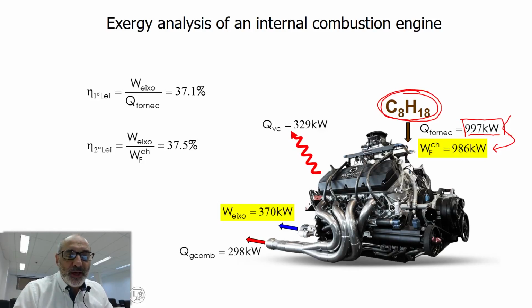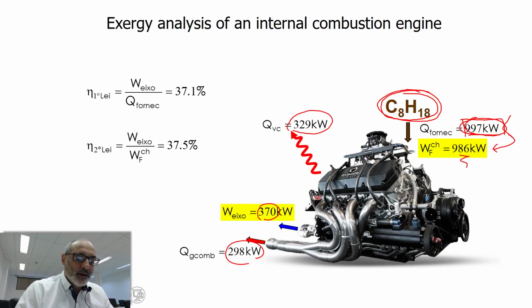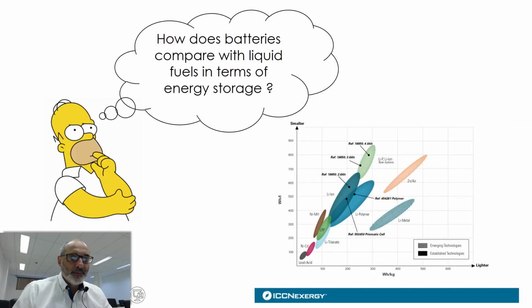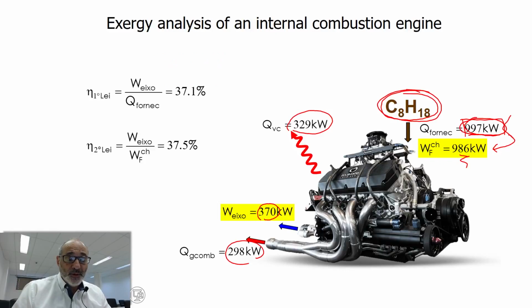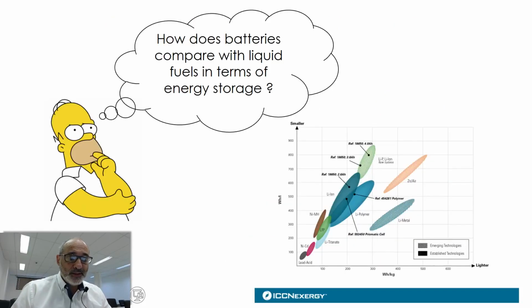So this is the supplied exergy to the system, and this is the supplied heat to the system. I get 370 kilowatts at the shaft. I have this being removed by cooling systems, and I have this amount of heat being removed associated with combustion gases. And this summarizes the example.